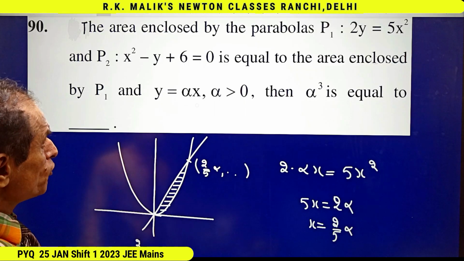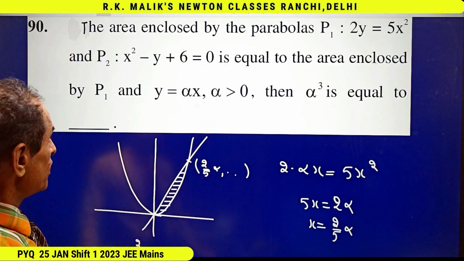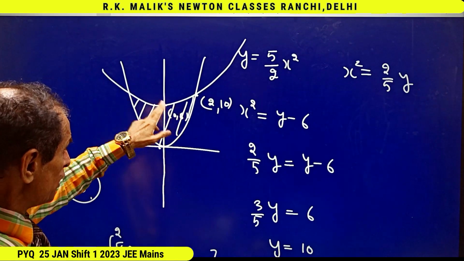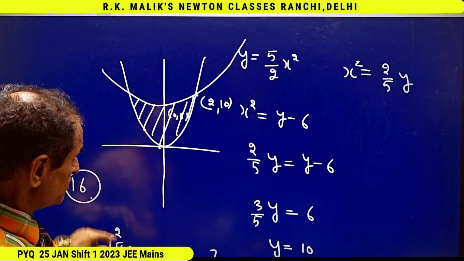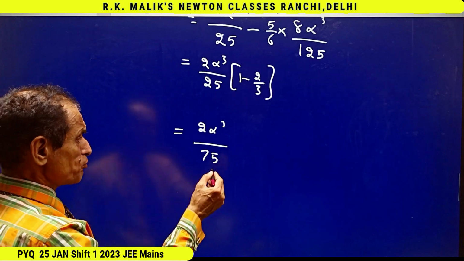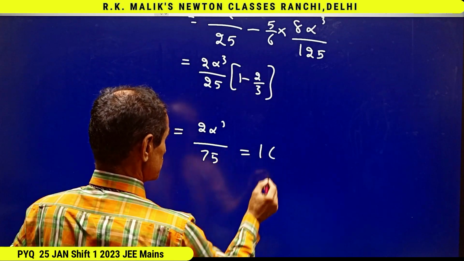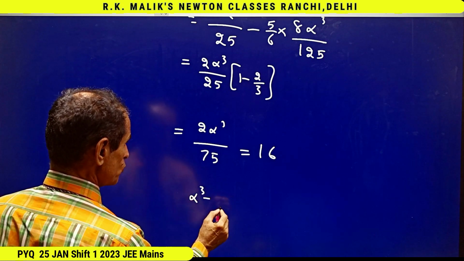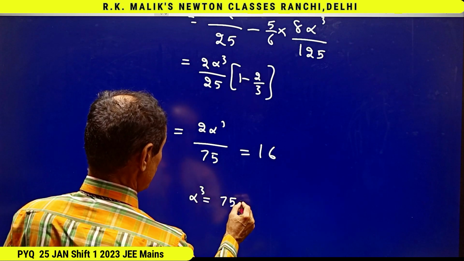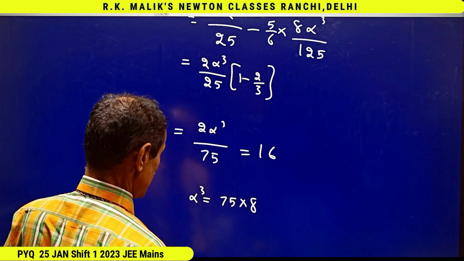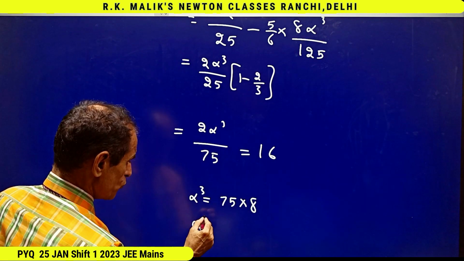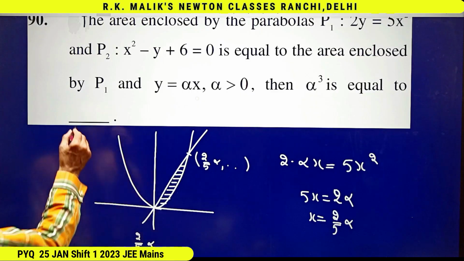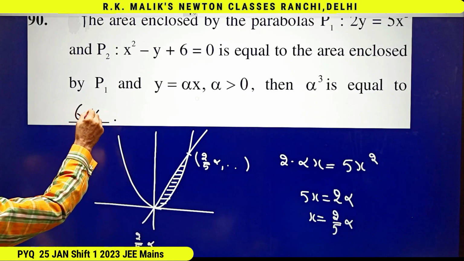And now, because it was given that the two areas are equal, and previously we had calculated that this area is 16, hence we put it equal to 16, that is alpha cube equal to 75 into 8, hence alpha cube equal to 600. Hence the answer to this question is 600.